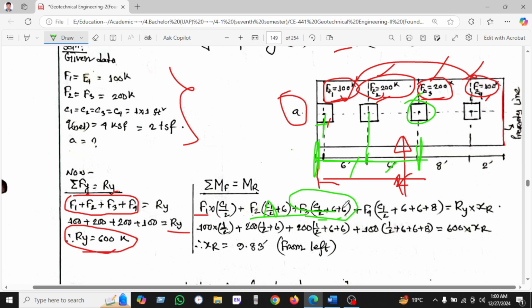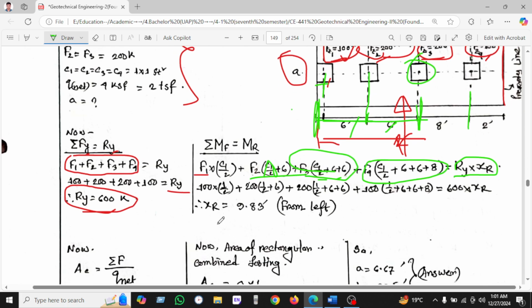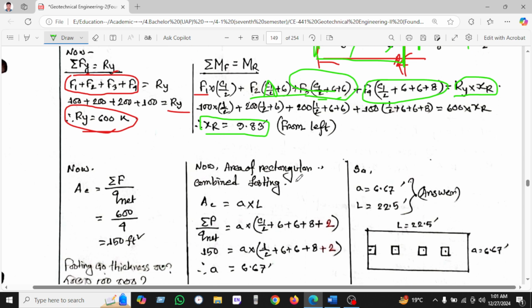In this way we are calculating F4, and Fy into x1, and putting all these values, and found x equal to 9.834. This distance we can call x_r, which is 9.83.